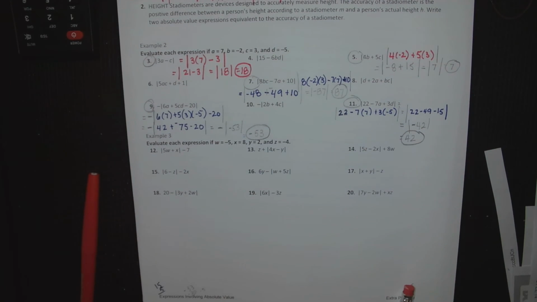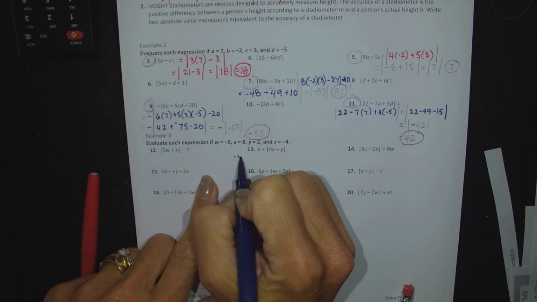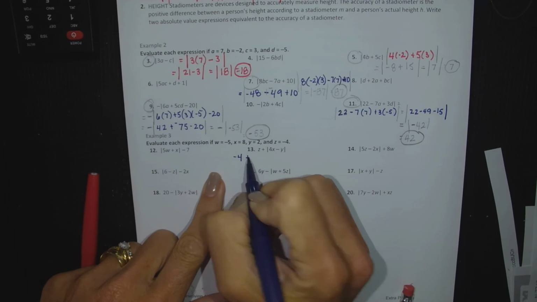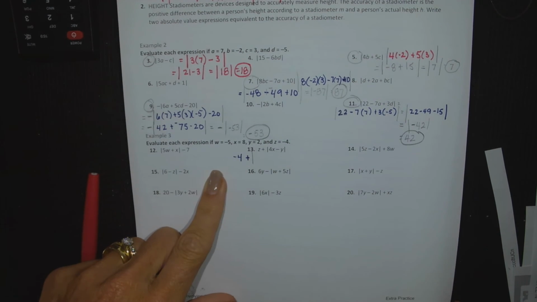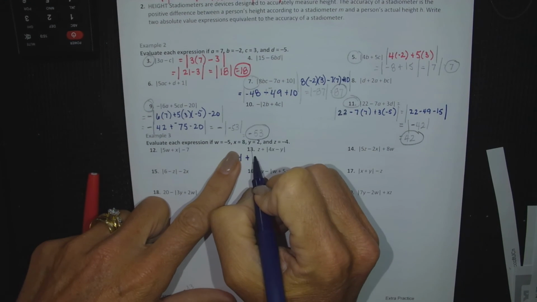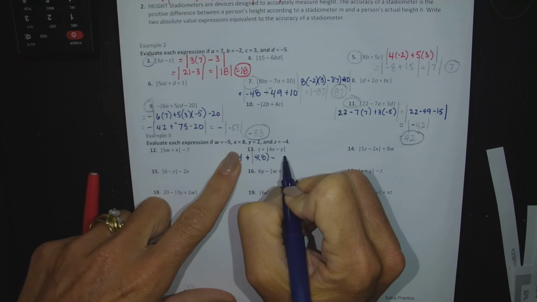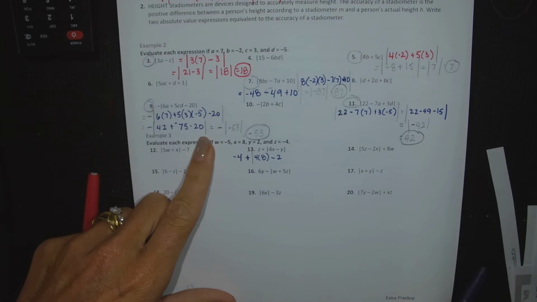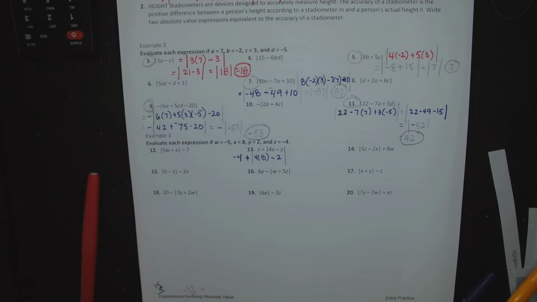All right, so let's do this together. Z, which is negative 4. Oh, love these negatives. Plus absolute value of 4 times x, which is 4 times 8. Try again. 32. 4 times 8 is 32.